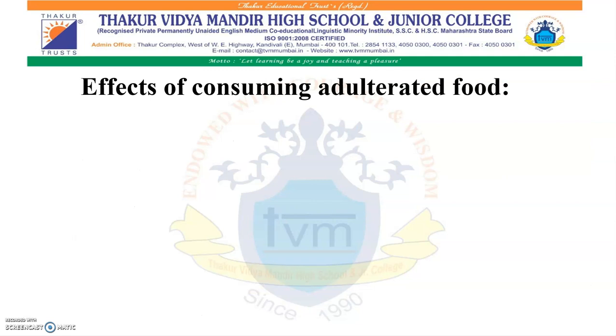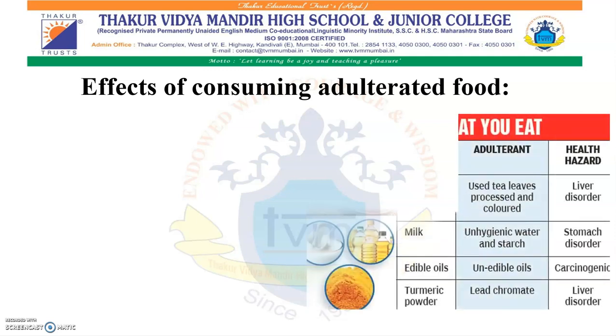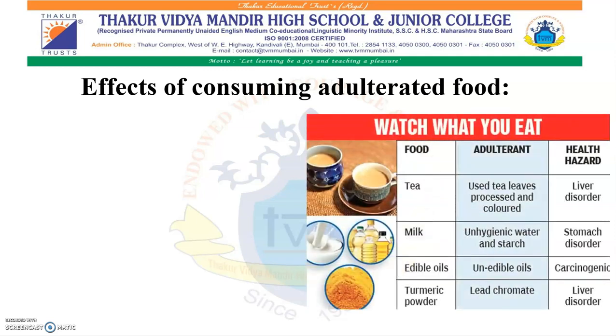Now let us see a few examples of how food is adulterated and also what are the harmful effects of consuming such adulterated food. The picture shows a list of different food items along with the adulterant and their health hazards. Here, adulterant means the substances that are added to the food item to increase its quantity.